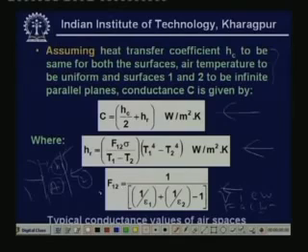The view factor is a function of emissivity of surface 1, epsilon 1, and emissivity of surface 2, epsilon 2. If you know the emissivities, you can calculate the view factor, and if you know the surface temperatures T1 and T2, you can calculate the radiative heat transfer coefficient. If you can also calculate the convective heat transfer coefficient, you can find out the conductance of the air space.